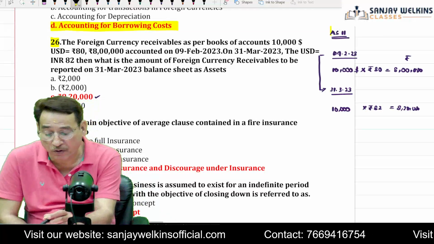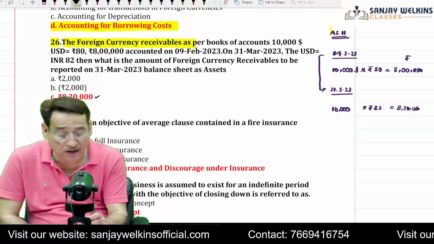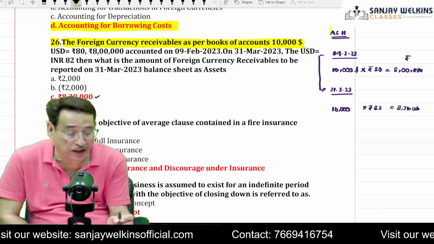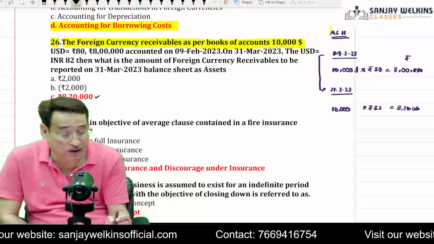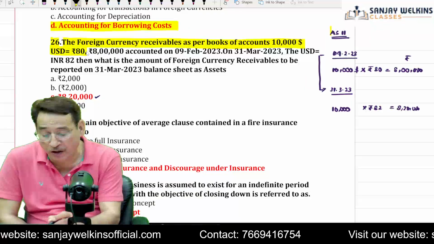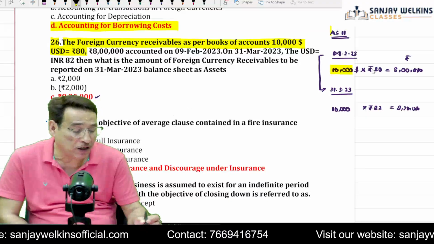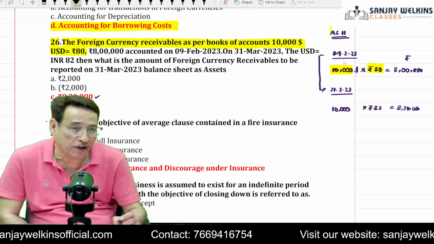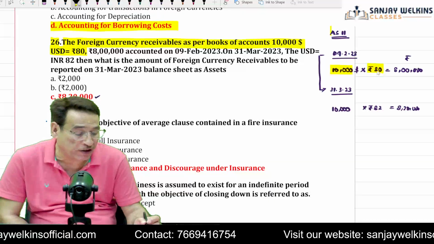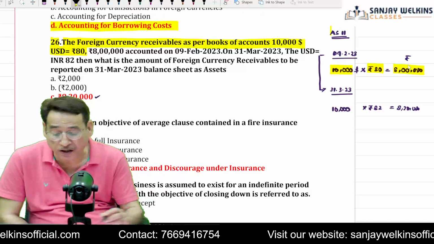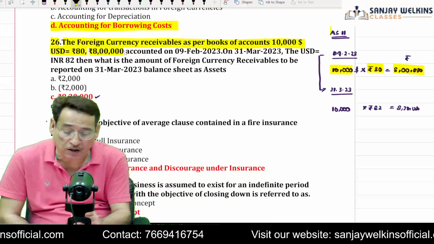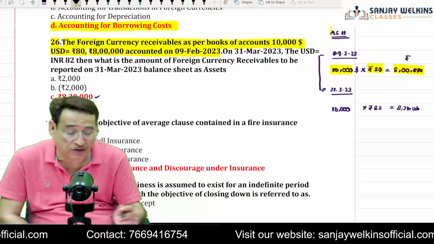Now I will go through the question. The foreign currency receivable as per books of account is $10,000 and $1 is equal to 80. That means we might have sold some goods for $10,000, and on that date the foreign exchange rate must have been $1 equal to 80, so we recorded it at 8 lakh. It is given that on 9th of February you recorded the transaction at 8 lakh.